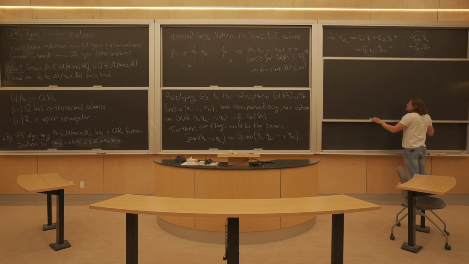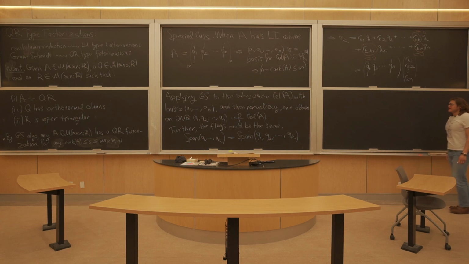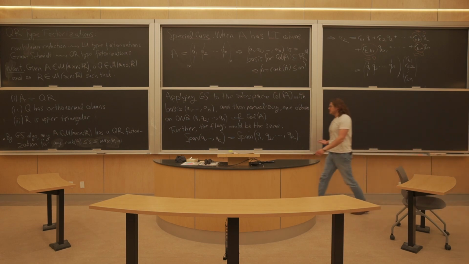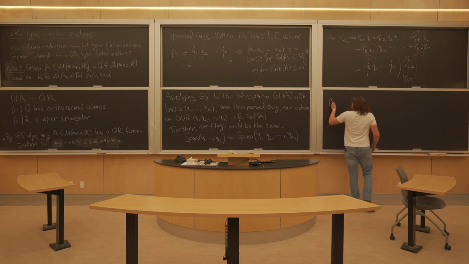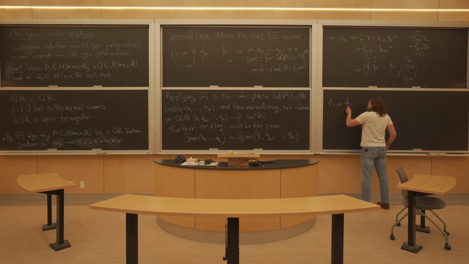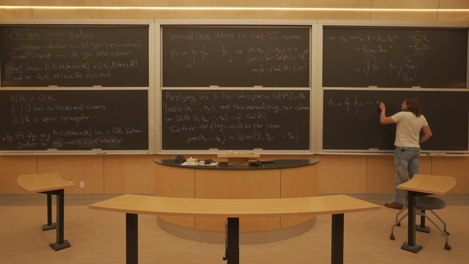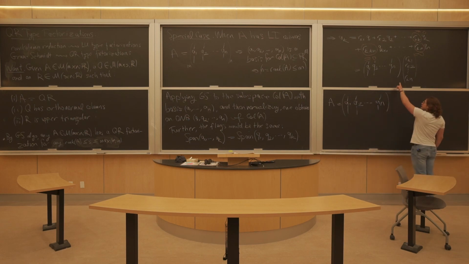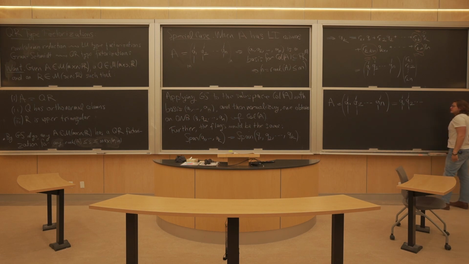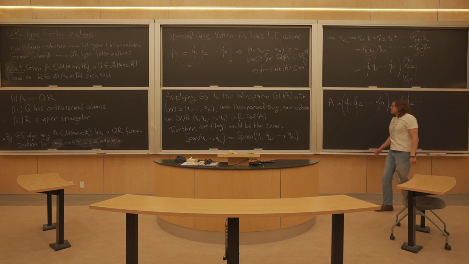Well, if this is the case, certainly if I were to consider A itself, I would get this. You see, I'm always going to use the same matrix first, the matrix whose columns are created by Gram-Schmidt.